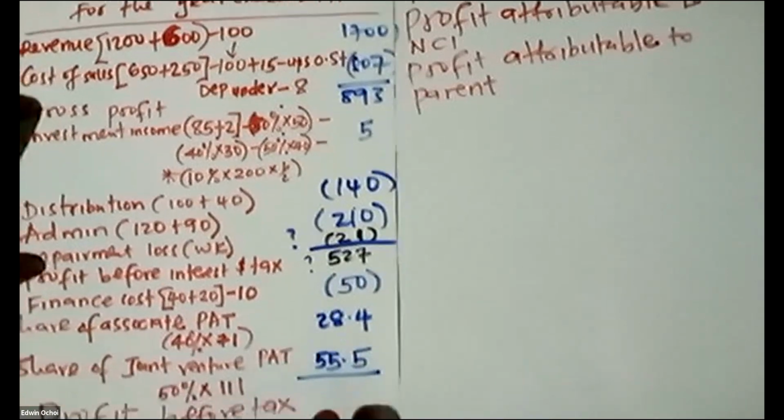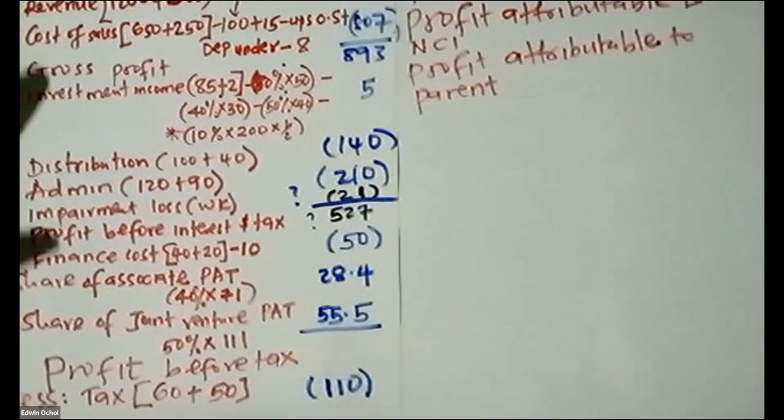So what about profit before tax? The profit before tax, you take 527, you minus 50, add 28.5, then add 55.5.